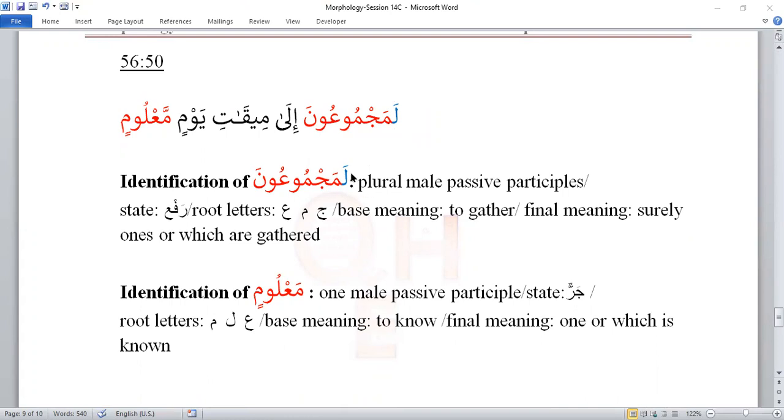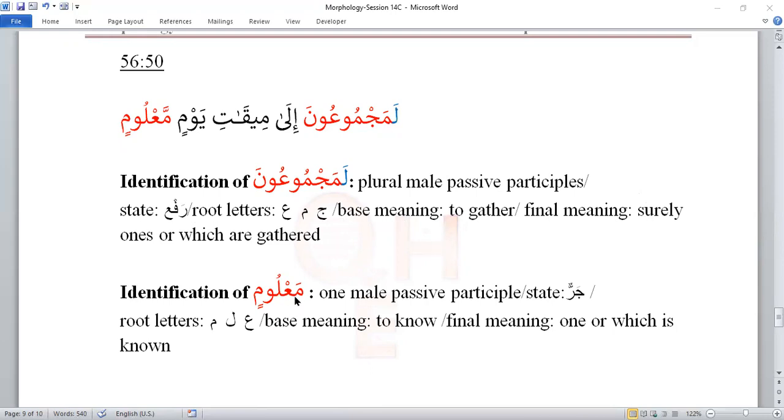So obviously this is, I see una, this is plural male passive participle, and because of the una, this is at the default state. Root letters jim, mim, ain, base meaning to gather, final meaning surely, ones which are gathered. We have to bring the meaning surely or verily because we have an emphatic particle, lam fatha.